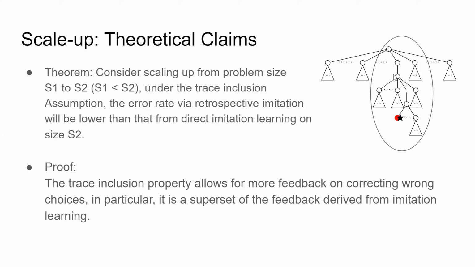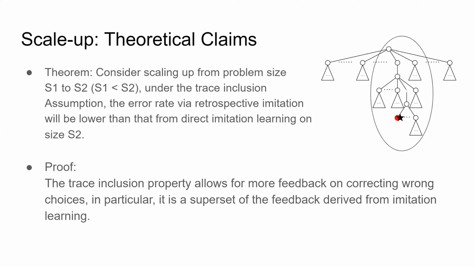Imagine if an ideal retrospective oracle exists as a solver, then it will go directly down this path. So that will automatically be included in any search tree we generate. It will be a subset of any search tree we generate. So that's the connection between the theoretical claim and the practical aspect of the claim.